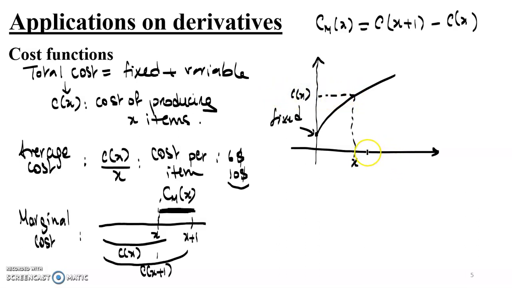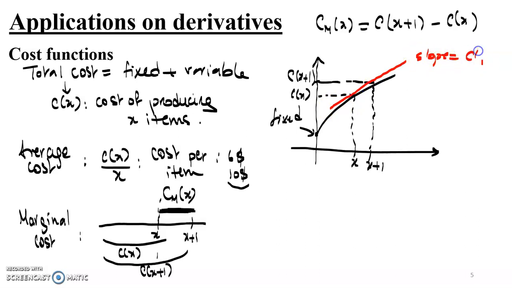And then if I want to study the cost of producing an extra unit, that would in fact be C of x plus 1. So you'd notice here, if I were to change color, the derivative at x would be represented by the slope of the tangent.